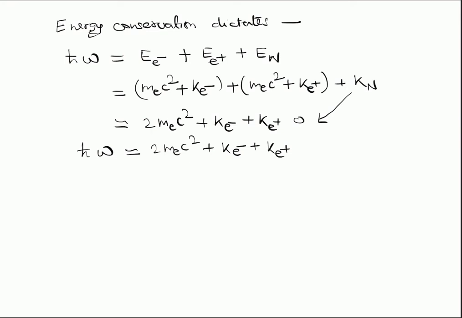We have written E_n is equal to K_n. It represents the recoil energy of the nucleus, which is purely kinetic. A photon cannot produce an electron or a positron alone, for electric charge would not be conserved. Also, a massive object such as the nucleus must participate in the process to take away some of the photon's momentum, as I told earlier.